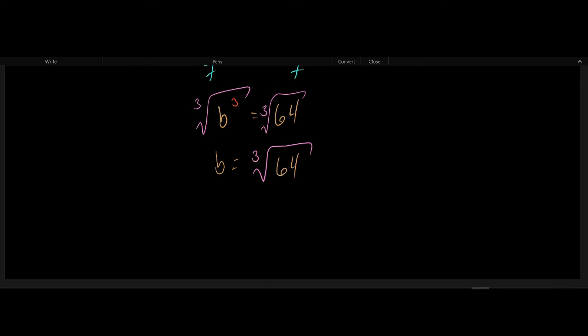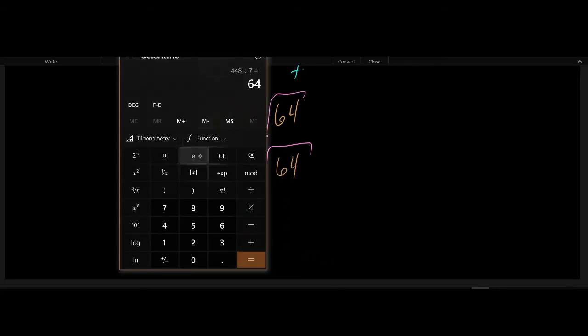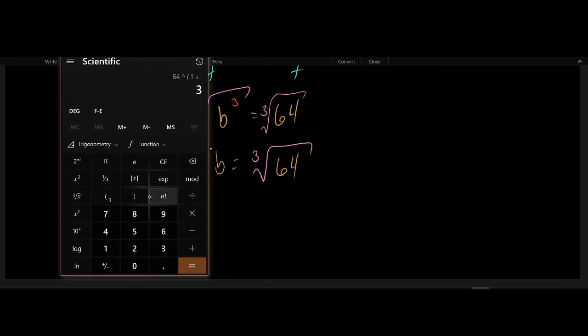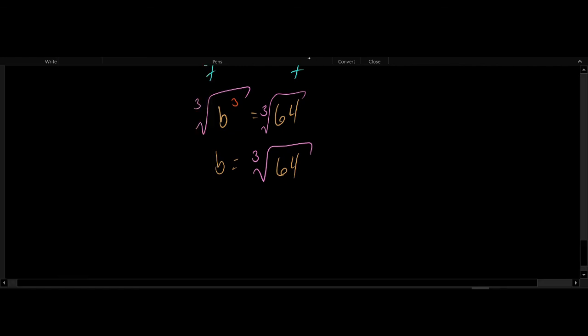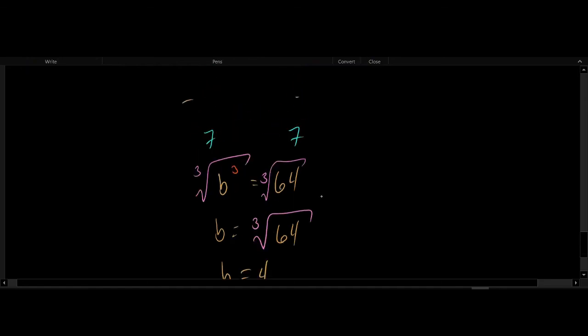Now let's see if that number cleans up nicely. I'm going to go ahead and take 64, and I'm going to raise it to the power 1 divided by 3, corresponding to the third root. Close parenthesis, enter, and it says to me that the base is 4. Alright, so now we have done the work to find the base.